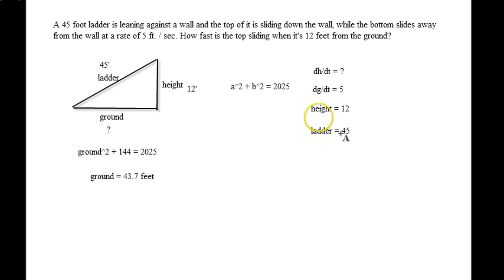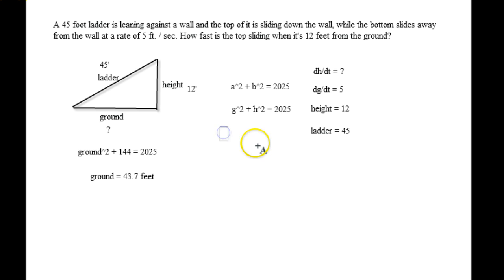So we know a whole bunch of things. We just don't know how fast it's sliding down from the top. So we can pick a variable ahead of time and work with g and h. So let's make that g squared plus h squared equals 2025.